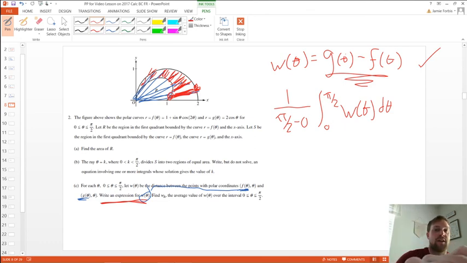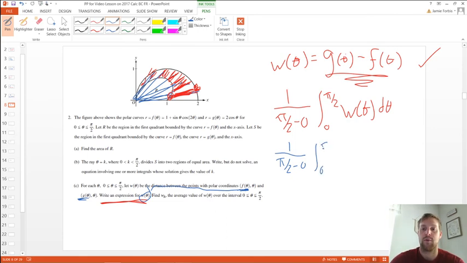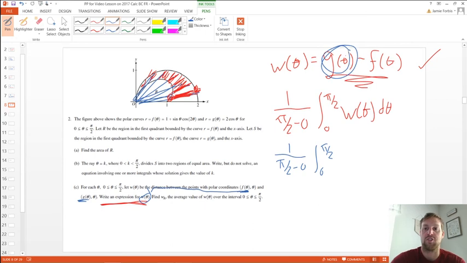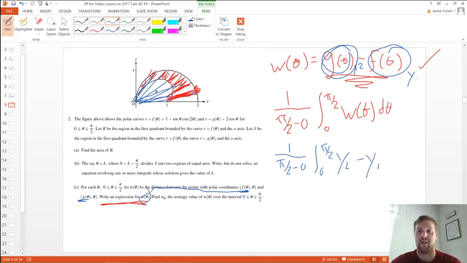When I did this in my calculator, exactly how I wrote it, and I think you should get good at writing it exactly as you write it on your paper, I did 1 over pi over 2 minus 0 times the integral of 0 to pi over 2. Remember, I made the G equation y2, and I made the f equation y1. So in my calculator, I did y2 minus y1 to represent W of theta d theta.